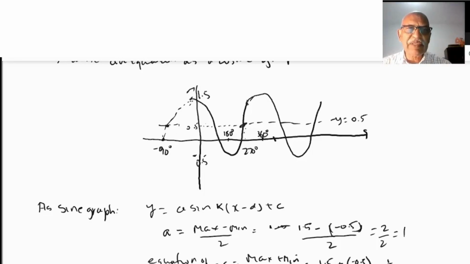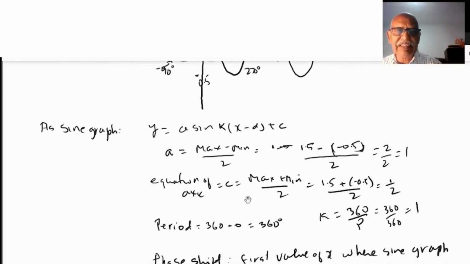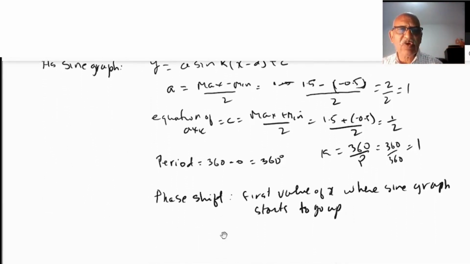So sine graph can start from here, or from here. So the phase shift is either negative 90 degrees or 360 degrees. Therefore, now I have everything.